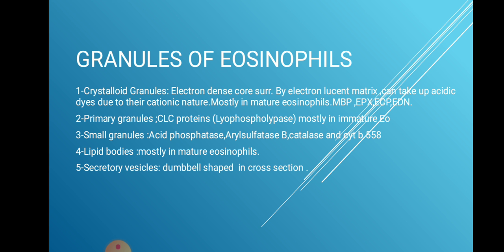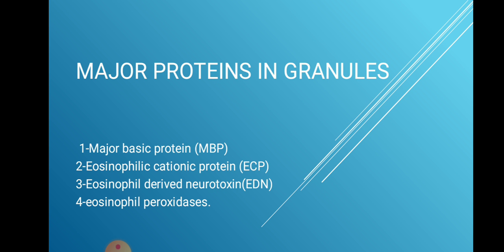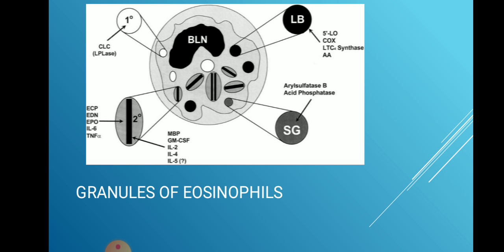Acid phosphatase, aryl sulfatase, catalase, and cytochrome b558 are present in small granules. There are 4 major proteins in granules: major basic protein, eosinophilic cationic protein, eosinophil derived neurotoxin, eosinophil peroxidase. This is the image showing various granules of the eosinophils.